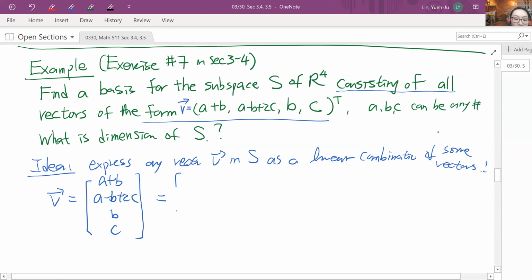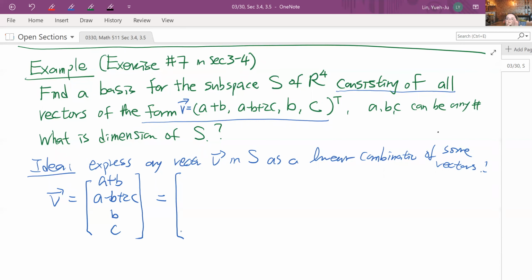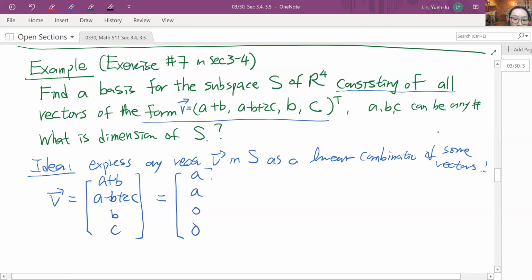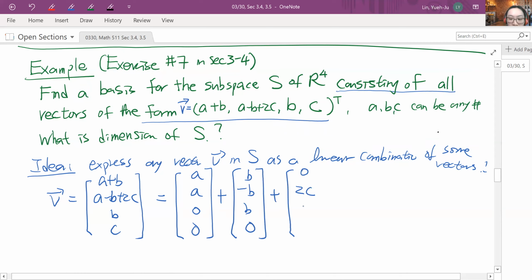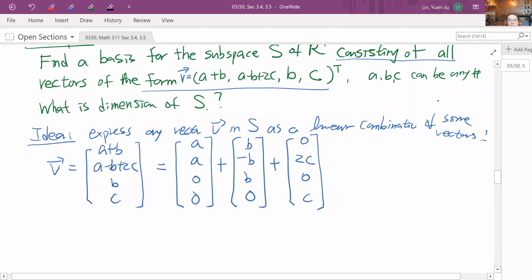So what we do is separate this vector into something only related to a, something only involving b, and something only involving c. So I can always rewrite this vector like this, right? I pick out the things that only depend on a or b or c. So I can always decompose this vector v in terms of 3 types of vectors, and each one only involves one coefficient.